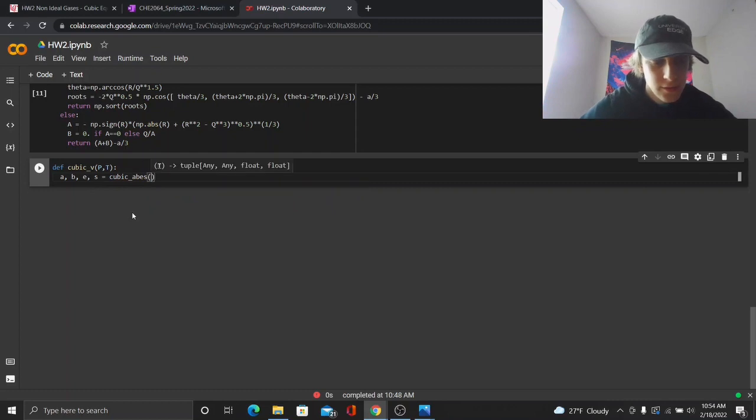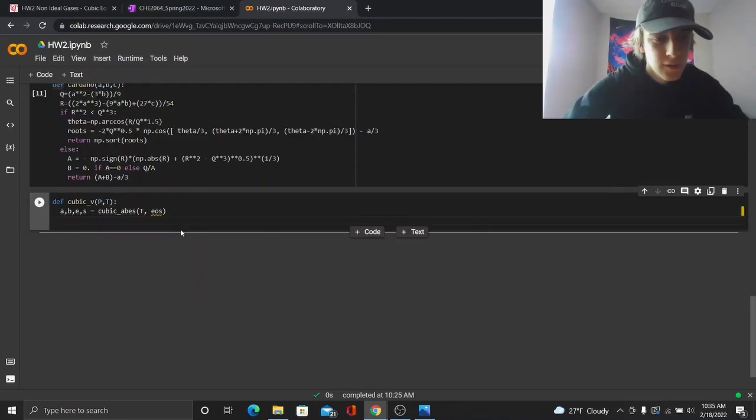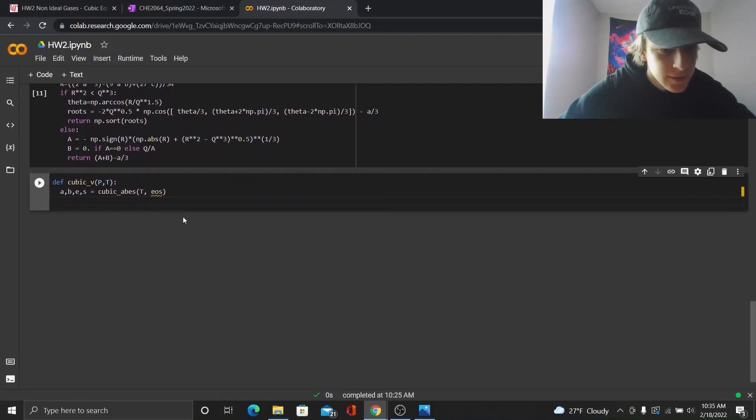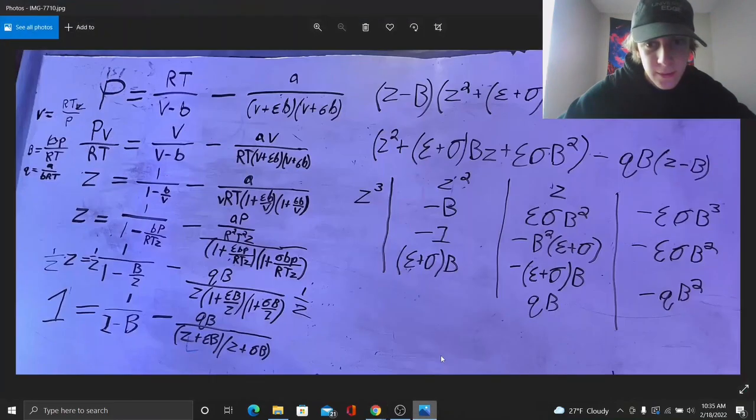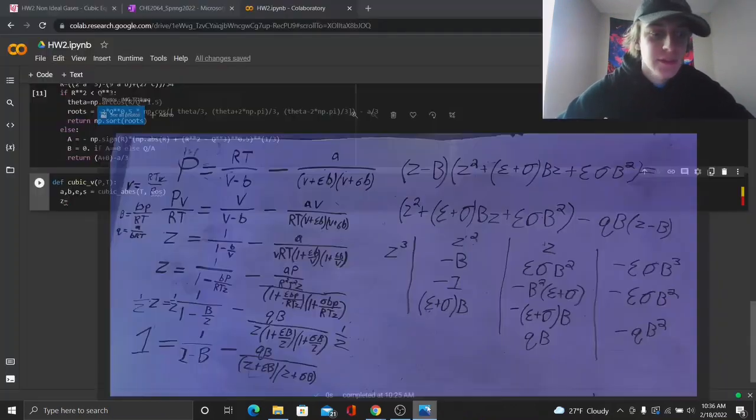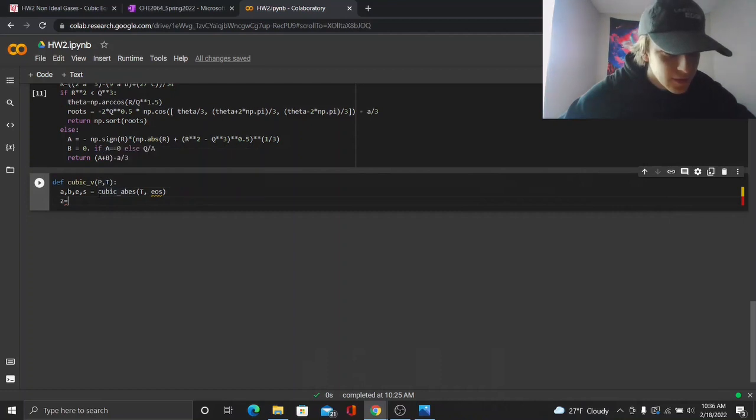And we are also going to need to define Z, our compressibility factor, and that's where this will come in our derived equation. So I'm going to start typing that in as well.